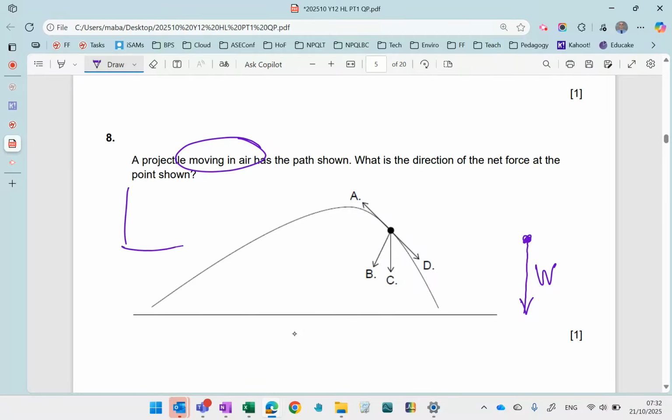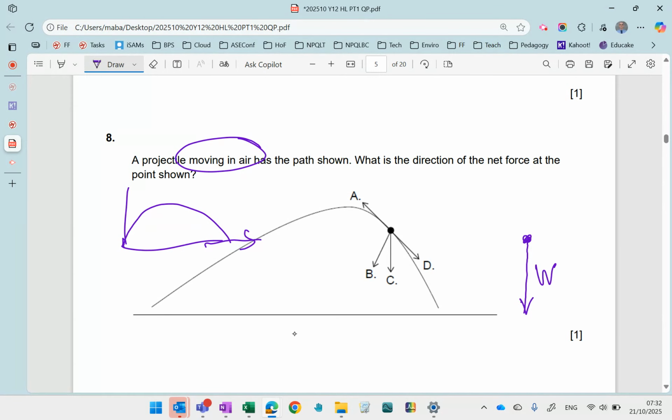If we weren't worried about air resistance, then we'd get a perfect parabola, but you can see from the shape that there isn't a parabola. So although it doesn't explicitly mention air resistance, you can infer that it's there just by looking at the question.